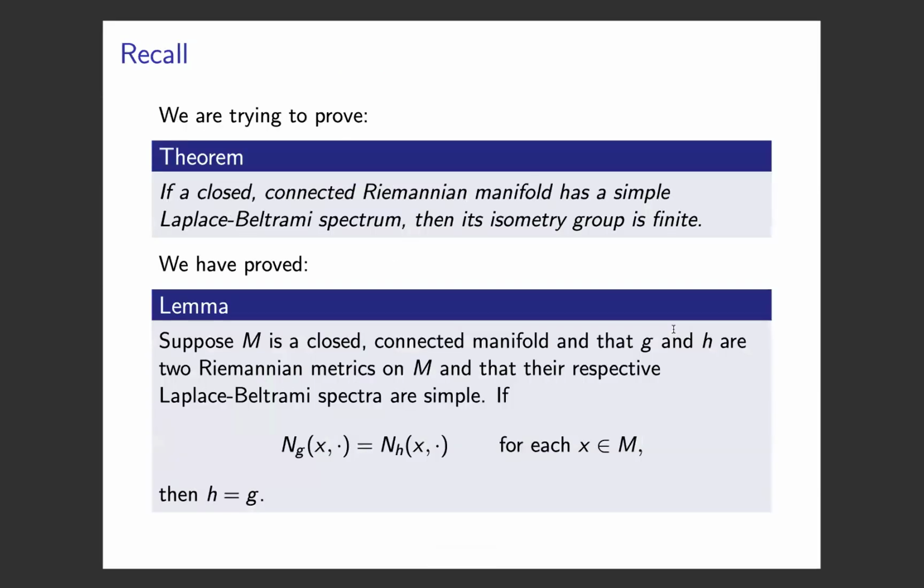Recall, what we're trying to prove is that a closed connected Riemannian manifold that has simple Laplace-Beltrami spectrum has a finite isometry group.